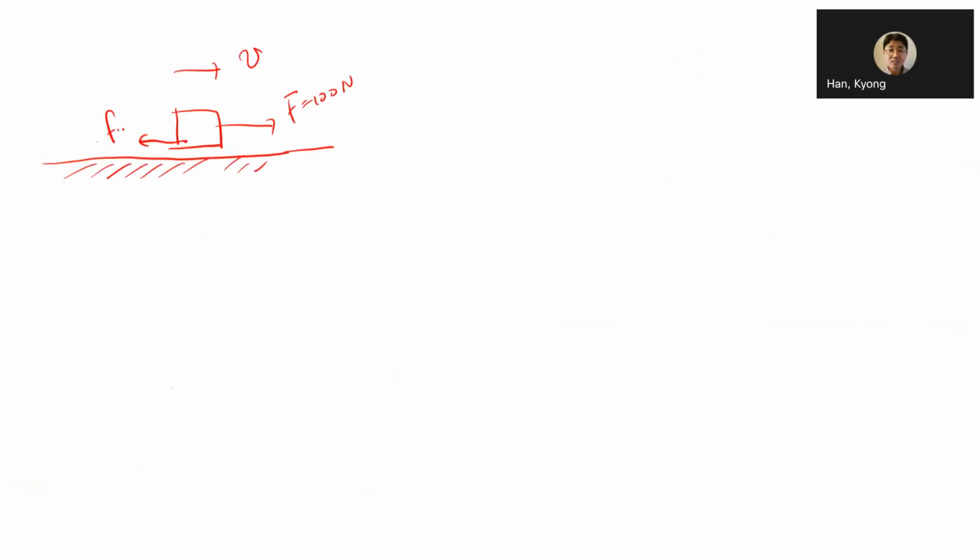This kind of friction is called kinetic friction. Friction opposes the motion, in the opposite direction. This is kinetic friction, when the object is moving.